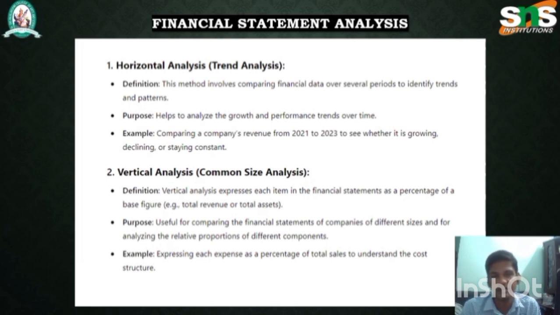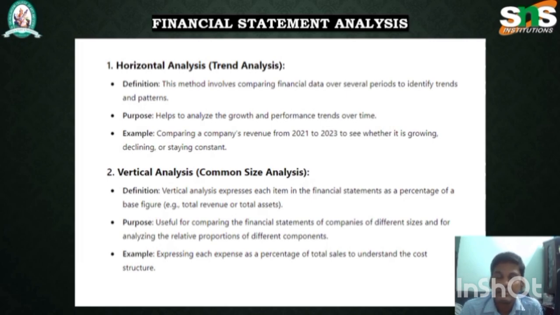Then the vertical analysis. Vertical analysis expresses each item in the financial statement as a percentage of a base figure. Say for example, total revenue is the base figure we take to analyze each and every line item of the income statement.